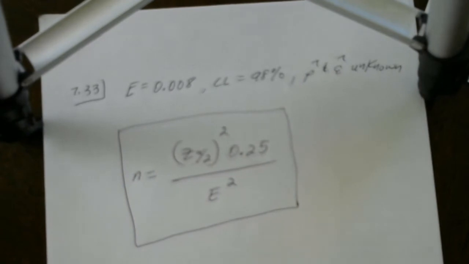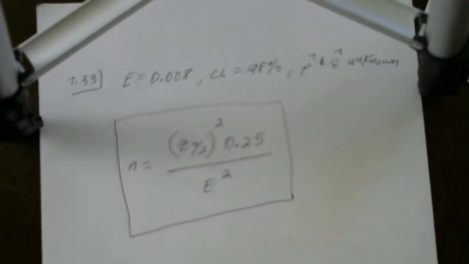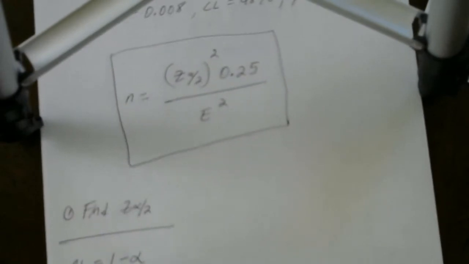So keep in mind we're given 98%, which is not a common confidence level. So we'll have to calculate this manually. All right, so from what we did before, the confidence level is 1 minus alpha. So our confidence level is 0.98.